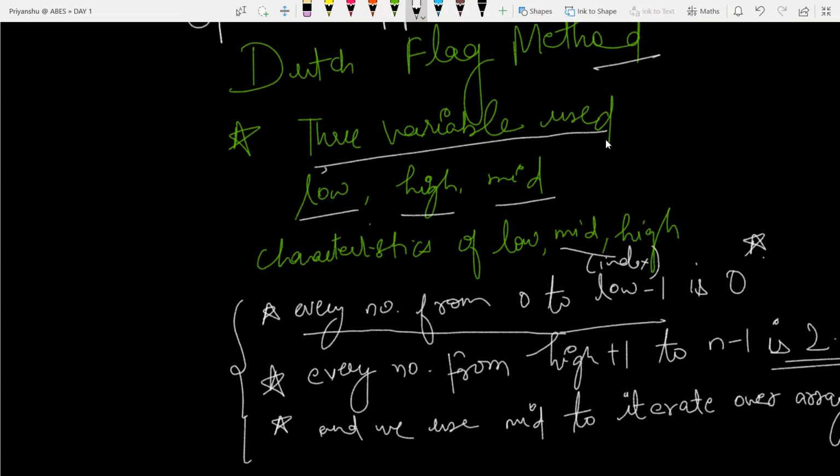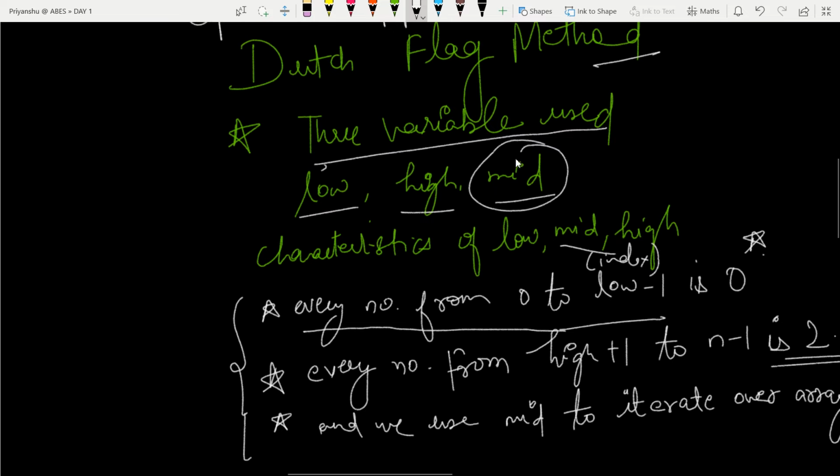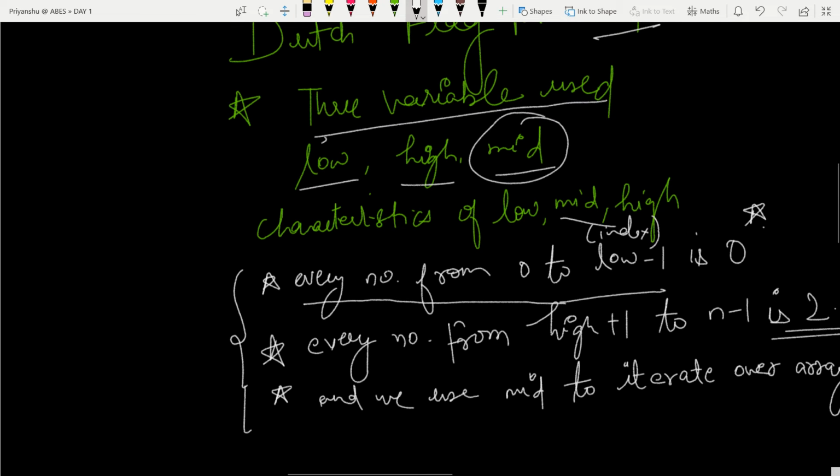The mid is used to iterate over the array, and every element from high plus 1 to n minus 1 is 2.